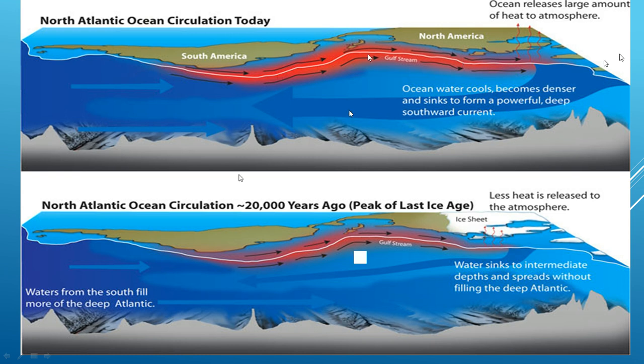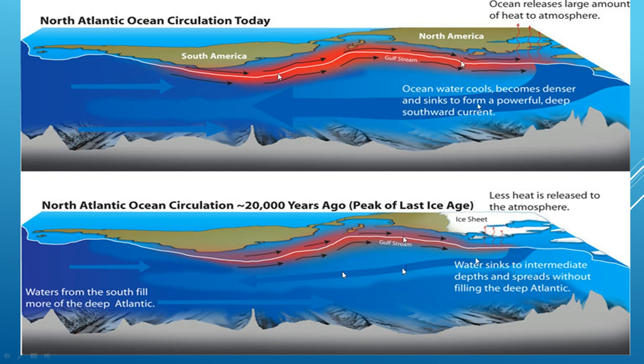What happened before, during the ice ages? Well, the Gulf Stream wasn't as hot, wasn't moving as fast, so less heat fluxing to the atmosphere. You can see the ice sheets grew. So instead of the water sinking to deep depths, it only sank to intermediate depths, and it spreads without filling the deep Atlantic. You see how the arrow is not as thick, not as wide.